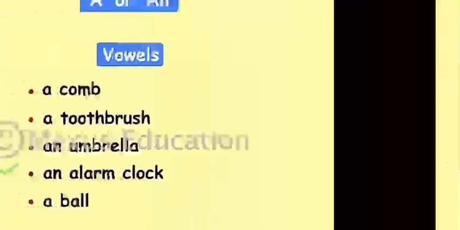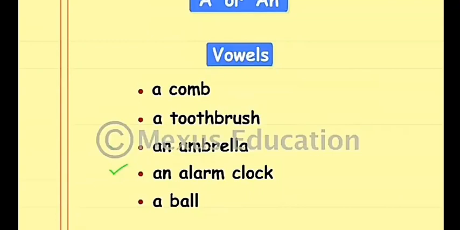Otherwise you will use a, like a comb, a toothbrush, an umbrella, an alarm clock, a ball. So now you are able to understand why and where I use a and an. Like C, consonant, a comb. Toothbrush, T, consonant, a toothbrush. Umbrella, the sound is a vowel, an umbrella.